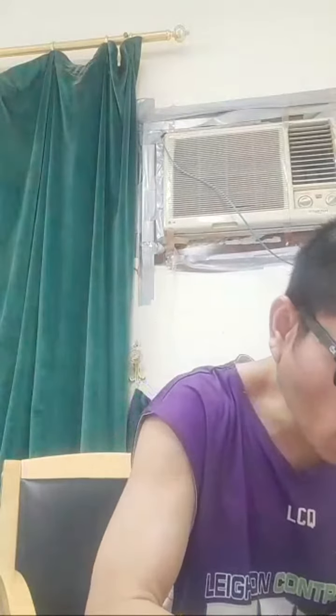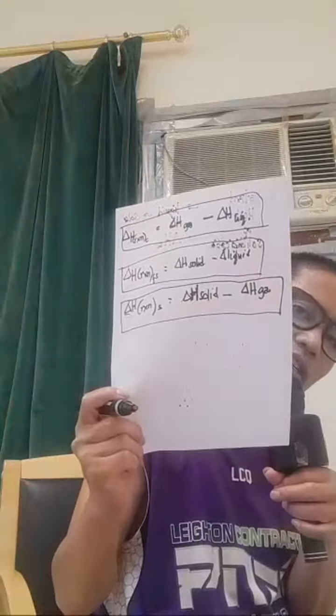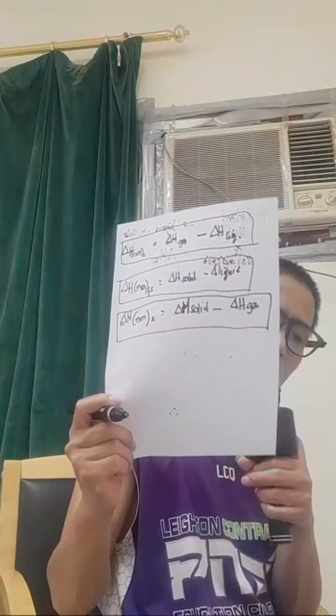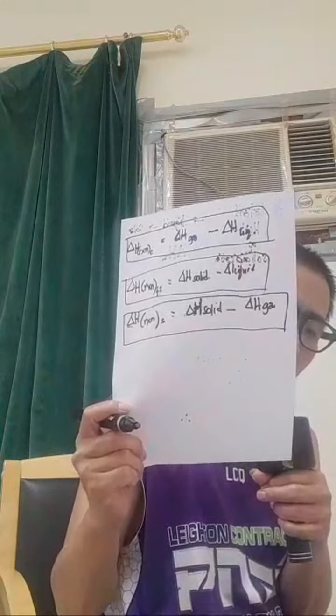So delta H solid minus delta H gas. So this is sublimation. Enthalpy change of sublimation, or heat of sublimation, or latent heat of sublimation of the reaction is equal to delta H of solid minus delta H gas.